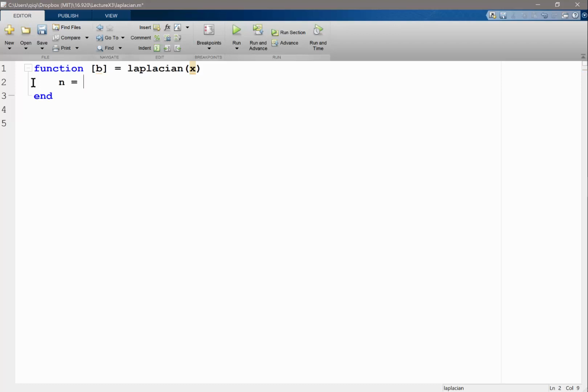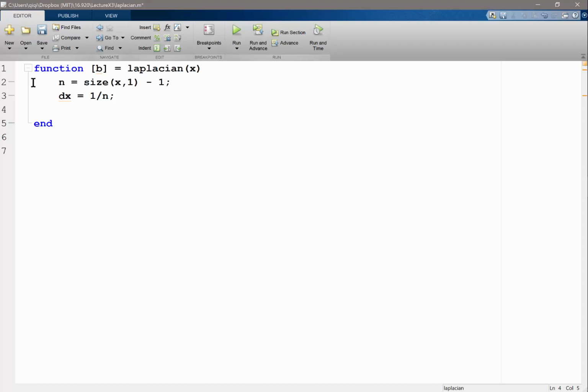N is going to be equal to the size of x in the first dimension, actually minus 1, because x is the number of grid points including the boundaries. Our n, number of intervals, is the size minus 1. And dx would be 1 divided by n. So we assume it's a square domain with spacing being the same in the x and y direction.